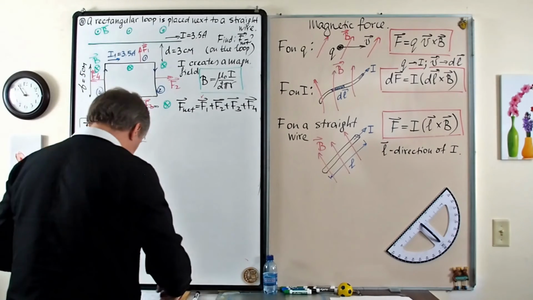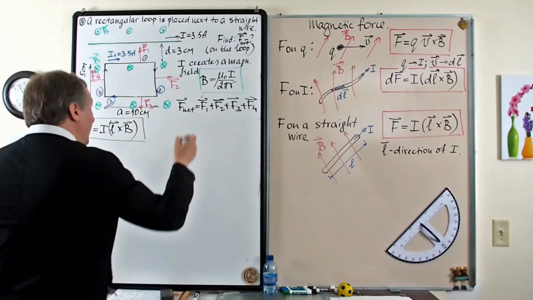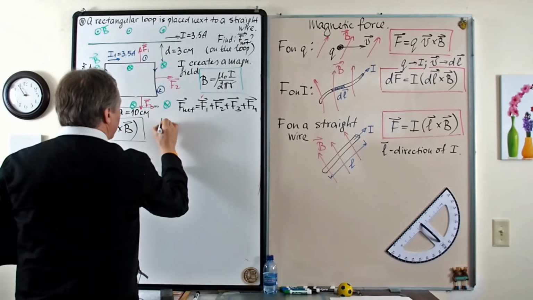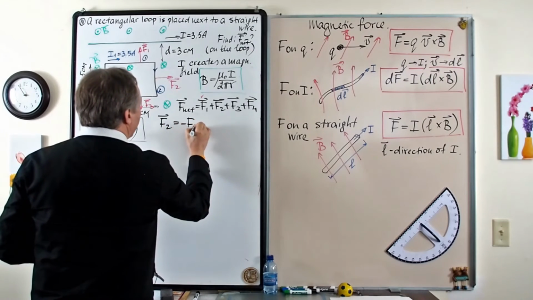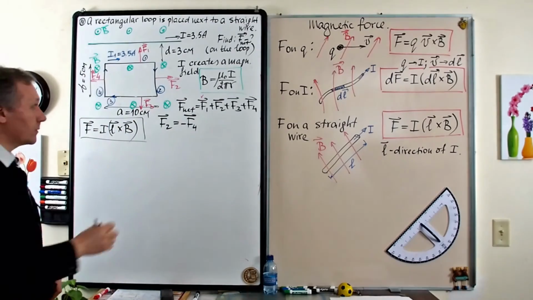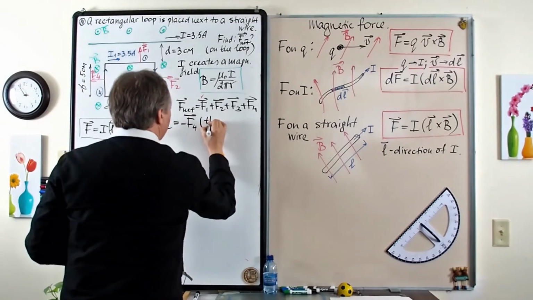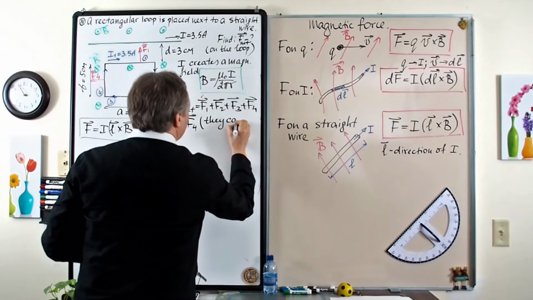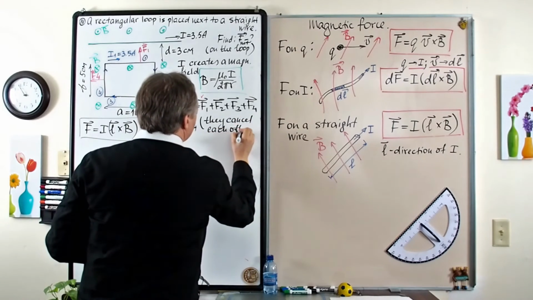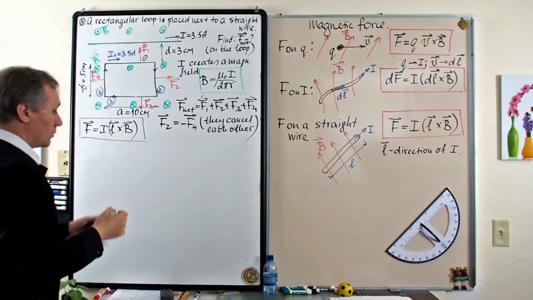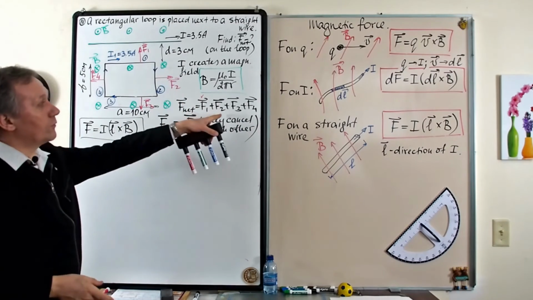So I can write that F2 equals minus F4, so they cancel each other. I can remove them from my formula.